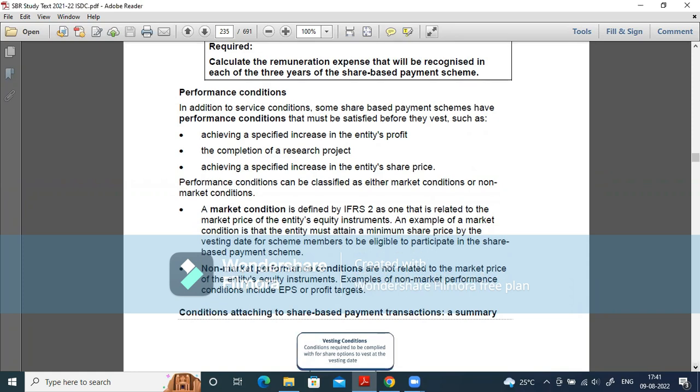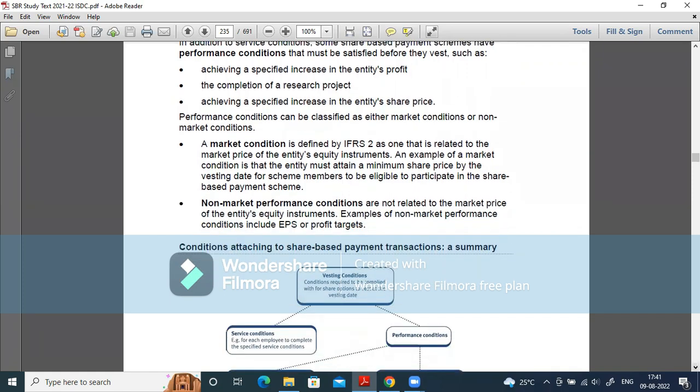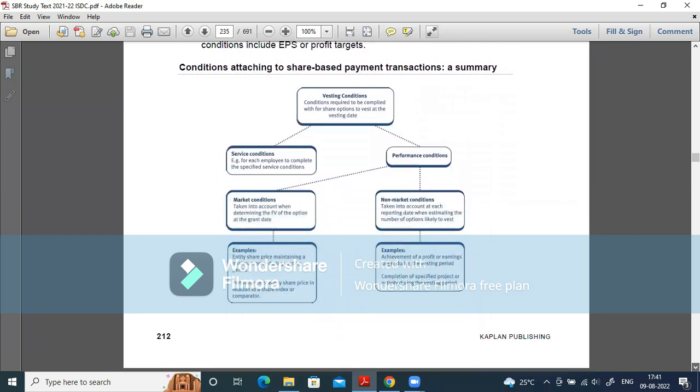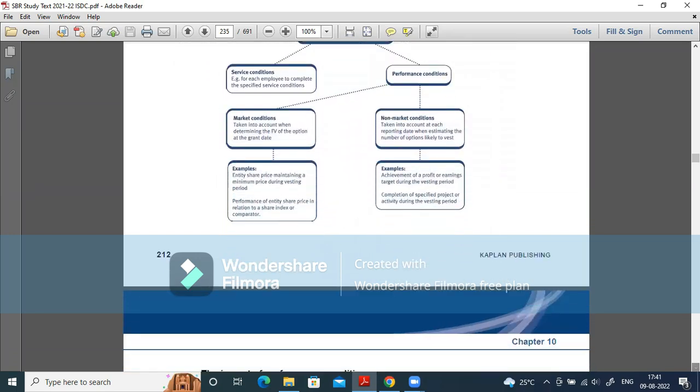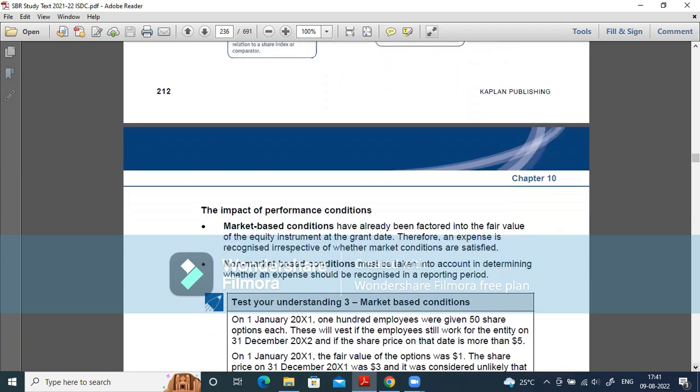In simple terms, if market-based conditions are given in your case, you can completely ignore them. The reason is that when the fair value of the share option is determined, this change will already be adjusted.